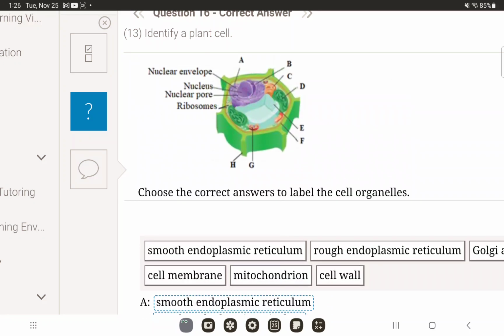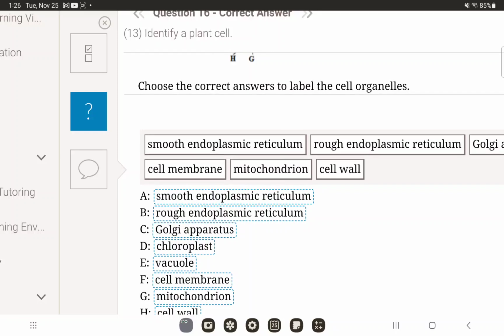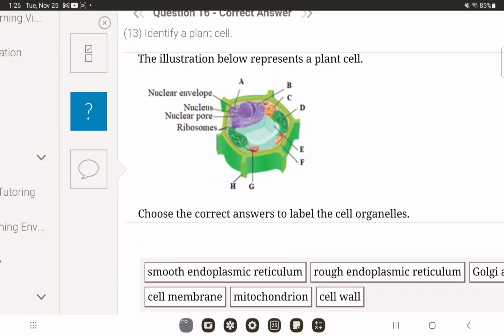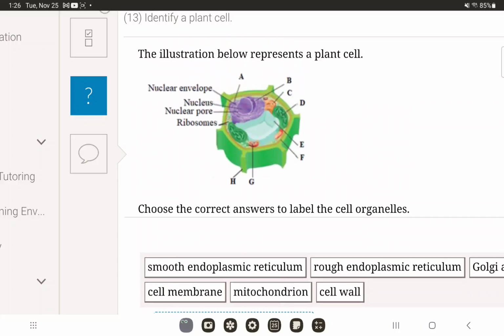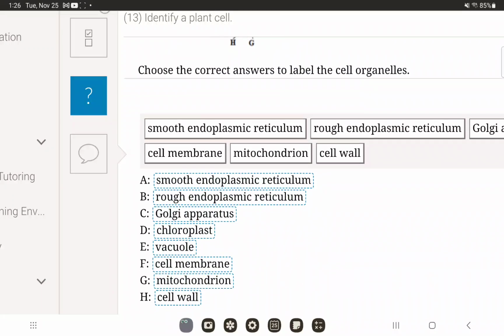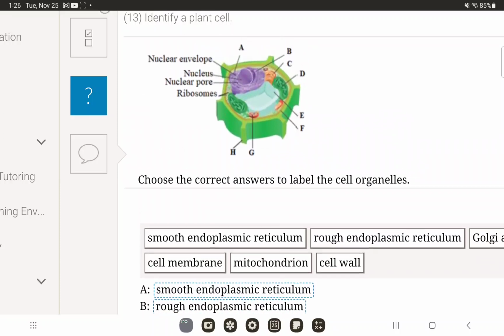F would be the cell membrane. G is the mitochondrion. And H is the cell wall.